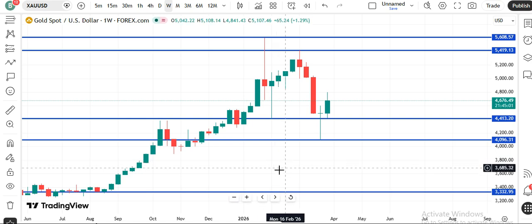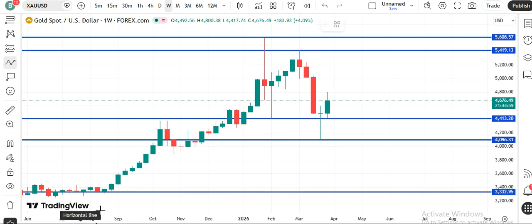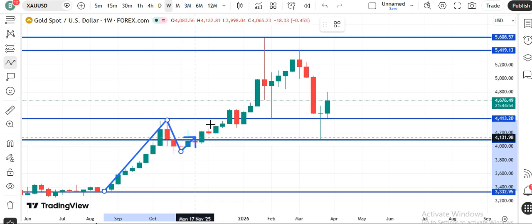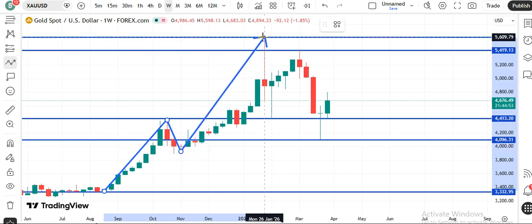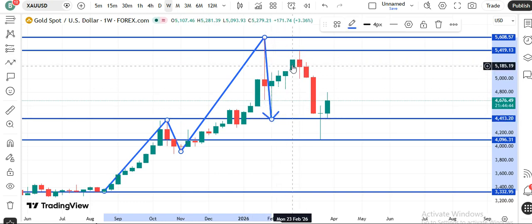So now let's add mini to the structure. From here we have a high, right? We have a low. There is no order clear, so we went straight to the monthly resistance, higher high, got rejected, higher low. Now from here market failed to give us another higher high.